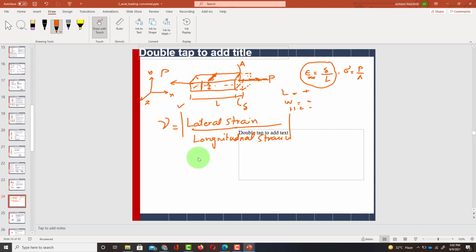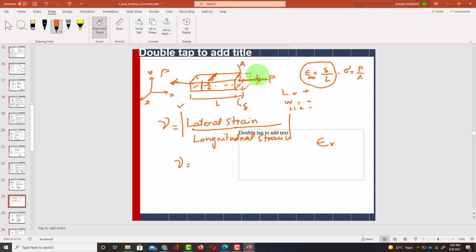So how will you find it? If the load condition is like this, with only a horizontal force, there will be strain in the x direction, and there will be strain in y as well as z direction.